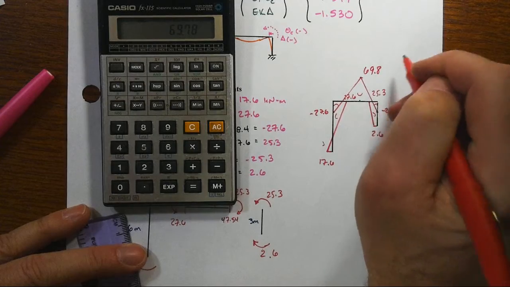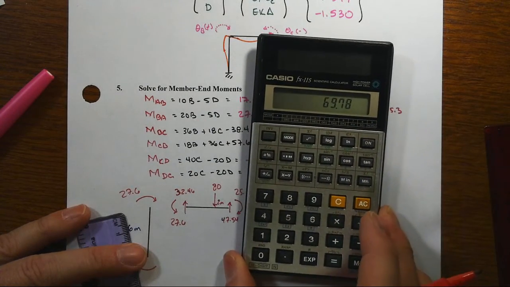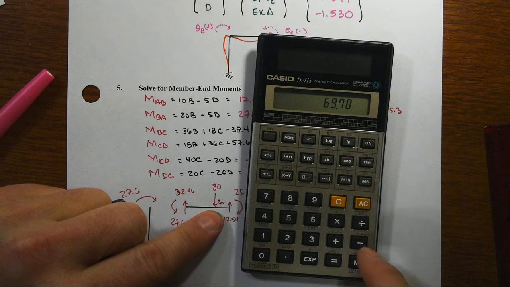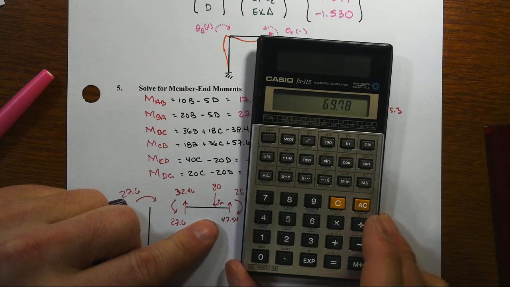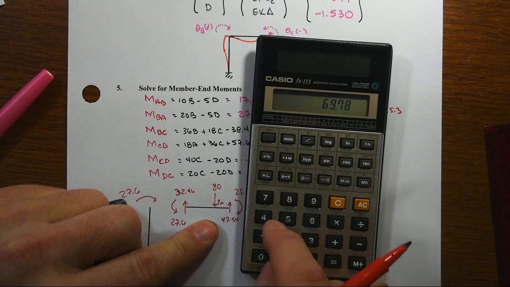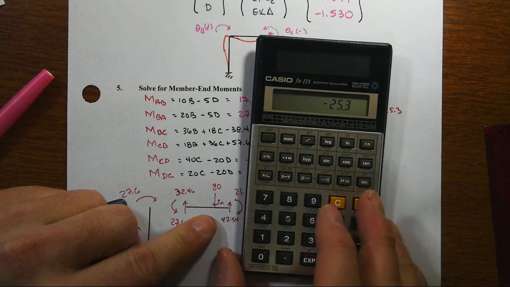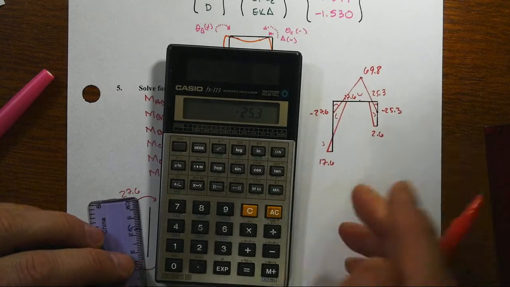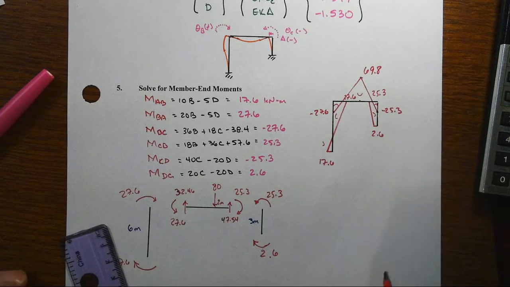Then for that positive moment there, and then let's see if we get this to subtract off properly. Right, so that'd be minus 47.54 times 2, give us a negative moment of minus 25.3. That's exactly what we got. Looks like we did a good job here.